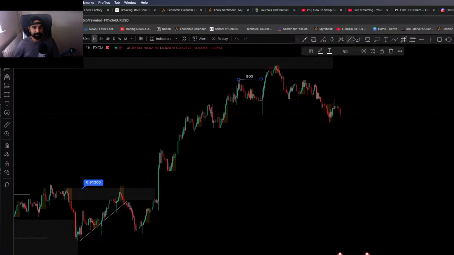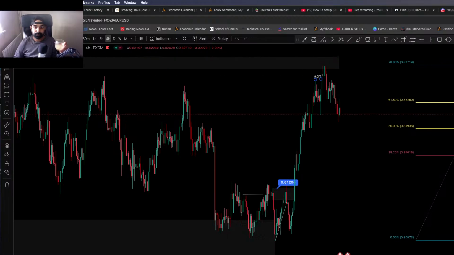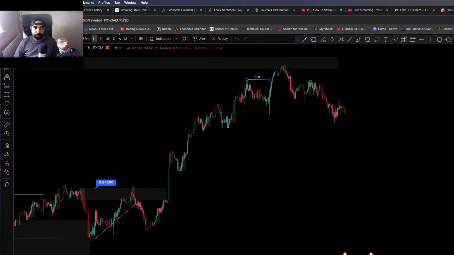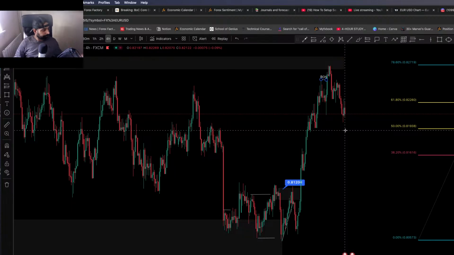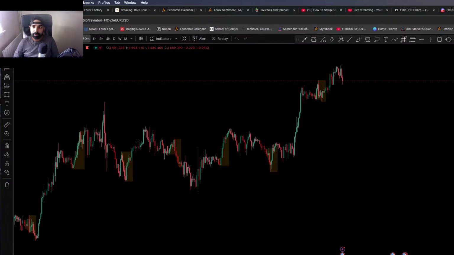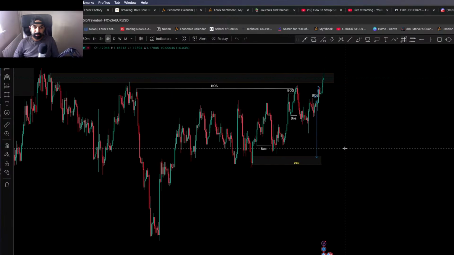You've got a break below there. This one looks quite good. I'm looking at EUR/USD too.